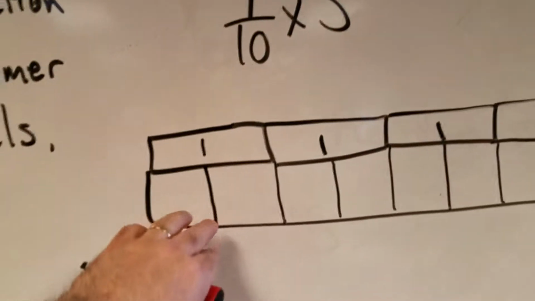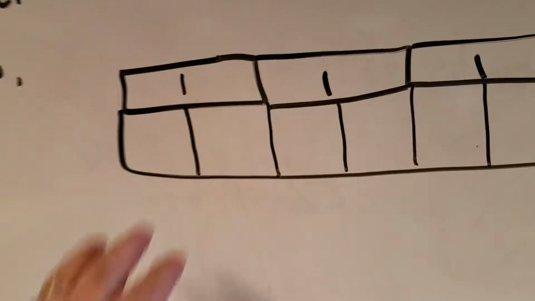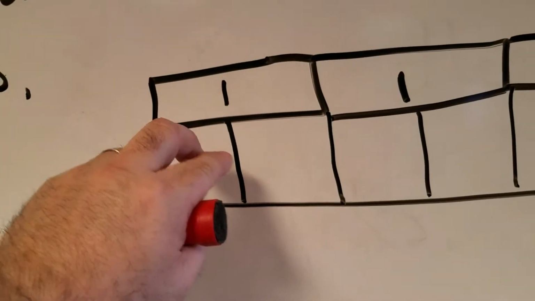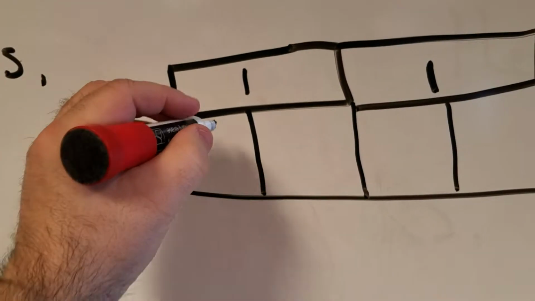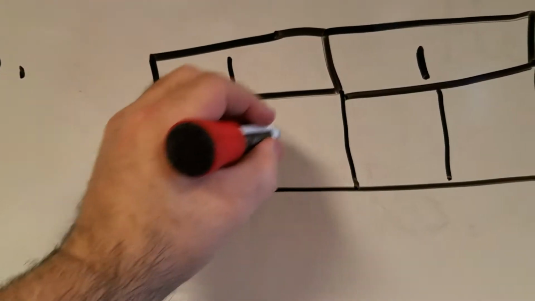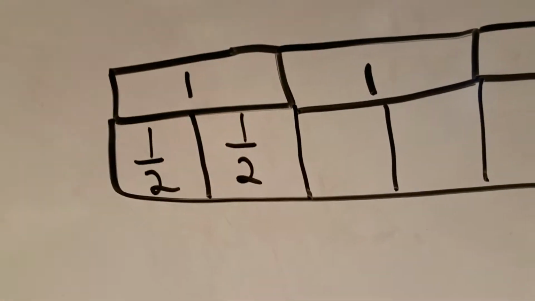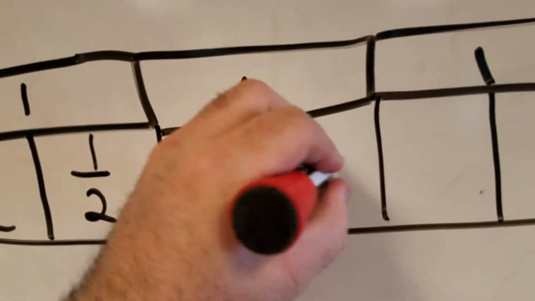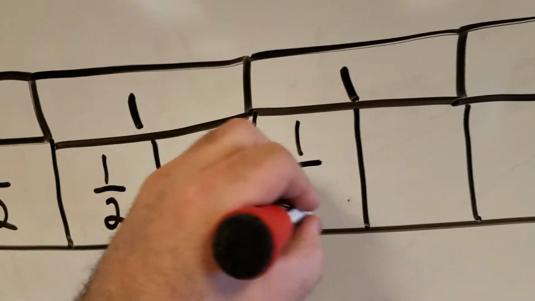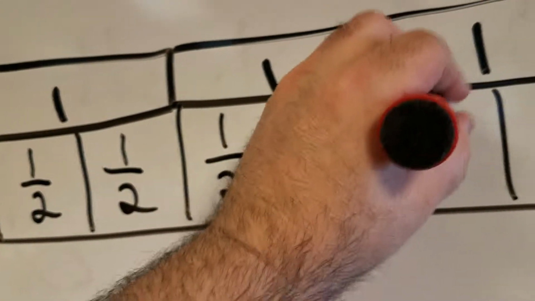10 pieces right here. So I look back at the first whole number here, and I say, what 2 pieces would fit in that whole? Well, it would be 1/2 for each one. And I look at my second whole and I say, same thing, 1/2. And I'm going to go ahead and do that for every single whole number.